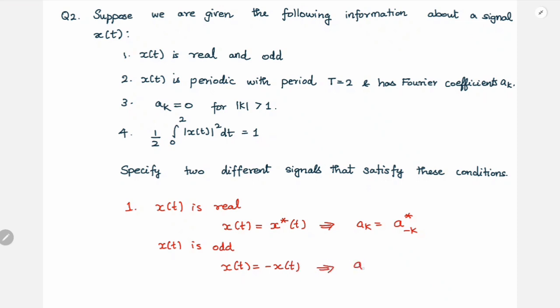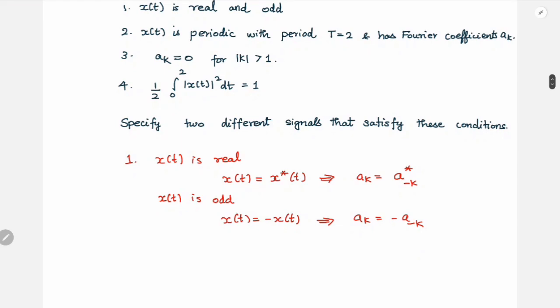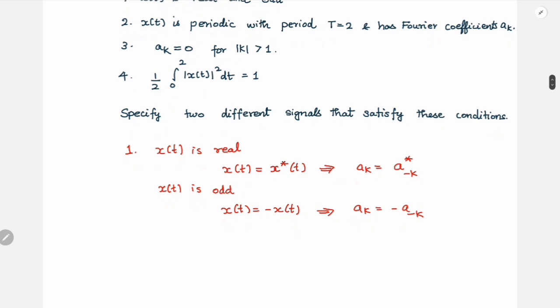This also implies that ak is equal to minus a minus k. So we already saw this in the properties of the Fourier series. Anyway, I'm doing it once again. So we have ak equal to a minus k conjugate, which is nothing but minus ak conjugate.